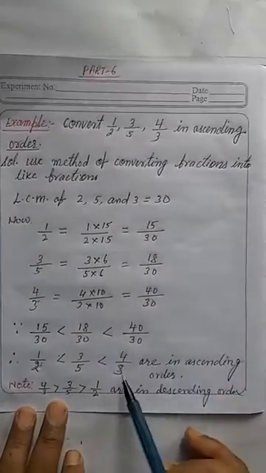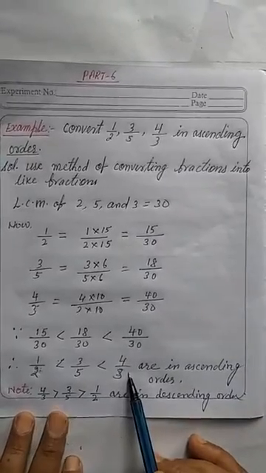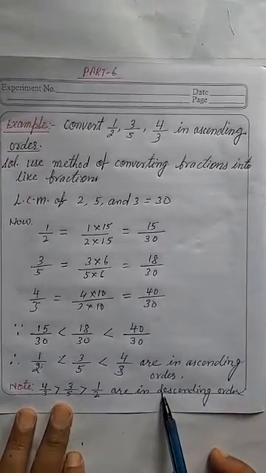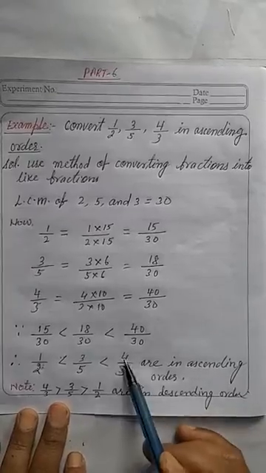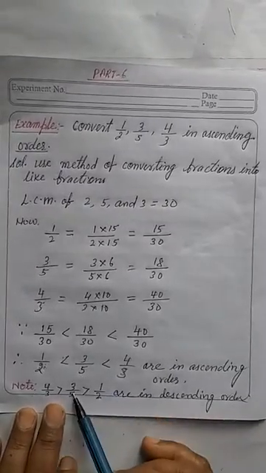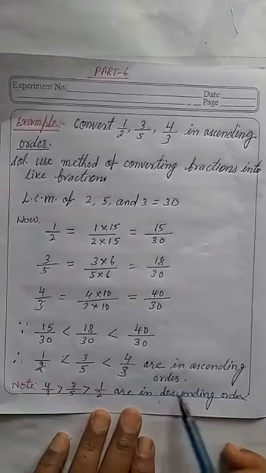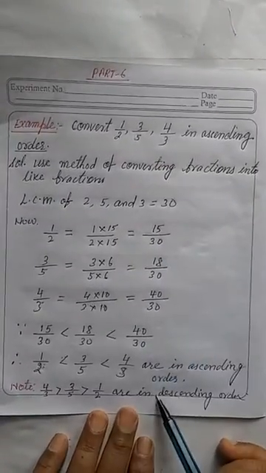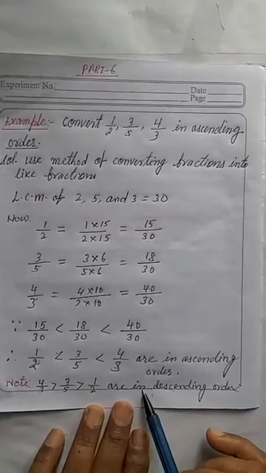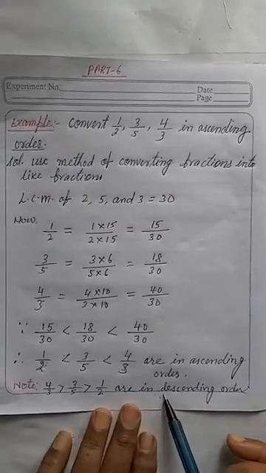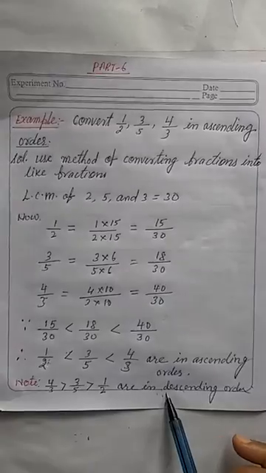You do the same till here, but at the time of writing the answer, you write descending, meaning greater to smaller. So 4 by 3 first, then 3 by 5, and then 1 by 2, with the greater-than sign. So the ascending and descending methods are the same, but at the time of writing the answer you write in this way. Okay, I hope you have understood my lecture.